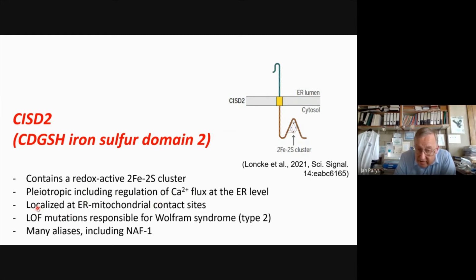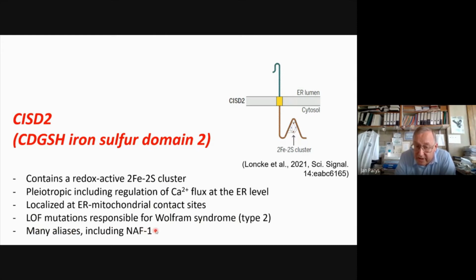What makes it also interesting is that loss of function mutations are responsible for a rare but fatal disease, Wolfram syndrome 2. And one of the reasons maybe that CISD2 was a little bit less known is that it goes under many other names, including NAF1.